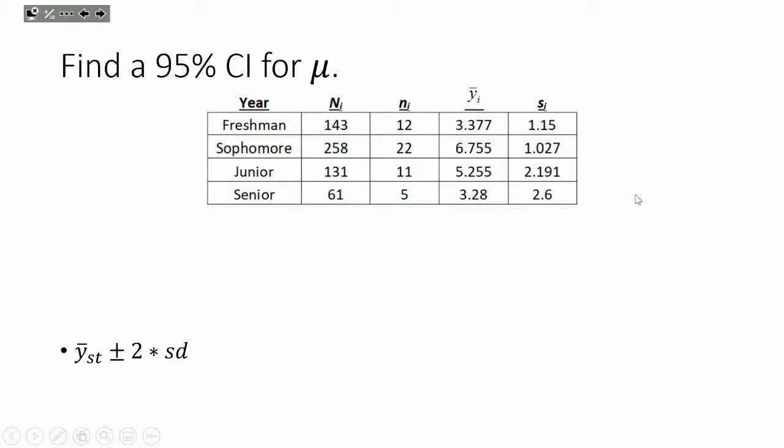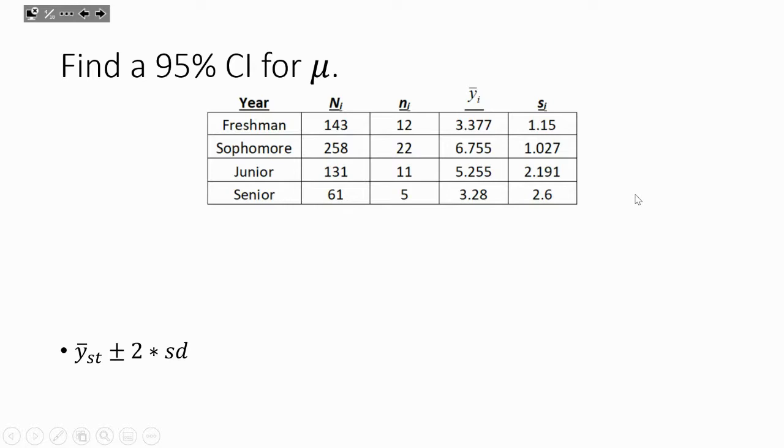Well, our 95% confidence interval, like it has for all the other parameters we've estimated in this class, is going to be our point estimate, so y bar sub st, plus and minus 2 times an estimate of the standard deviation of our point estimator.